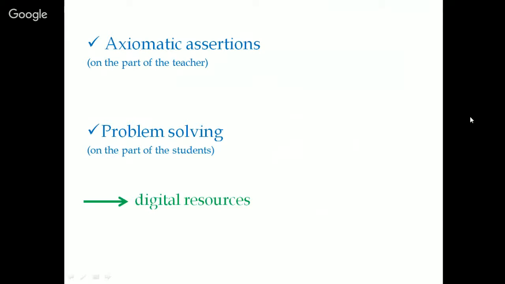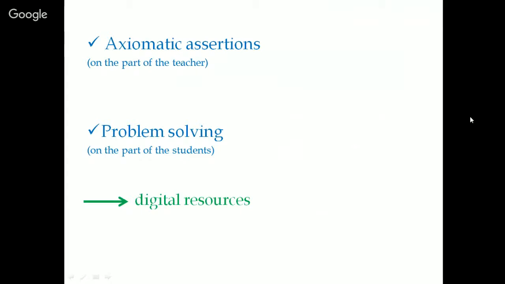You have some axiomatic assertions on my part. I give the rules, or I point to the rules in the grammars, be it online or offline, and then we have separate sentences, and they solve the problems of turning all the forms into their dictionary forms and establishing the connections between them, all the way using the available digital resources. For example, the one I showed you is GreekLanguage.com, which contains a very comprehensive beginner's Greek grammar.